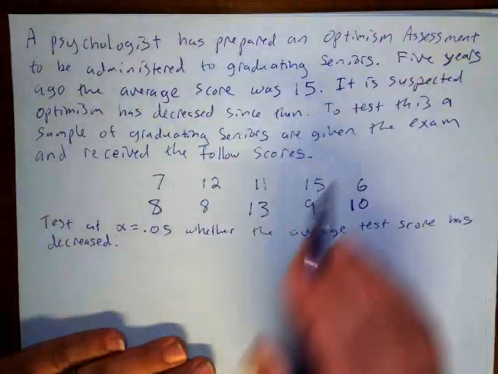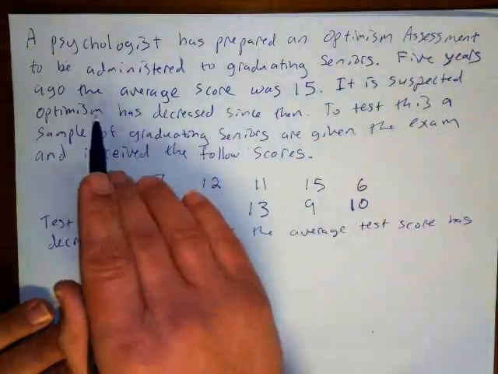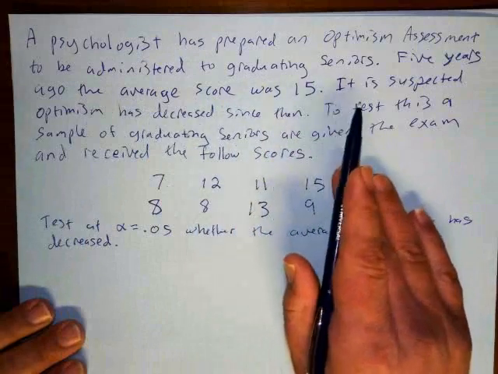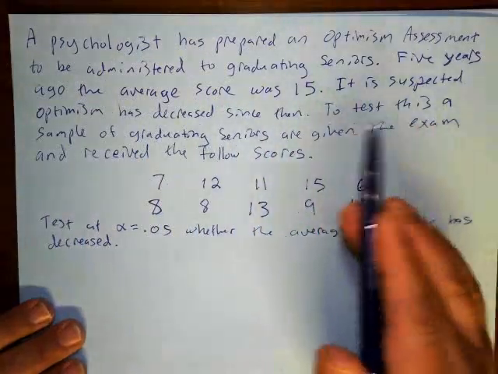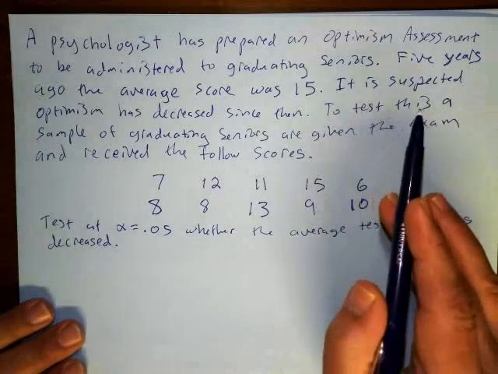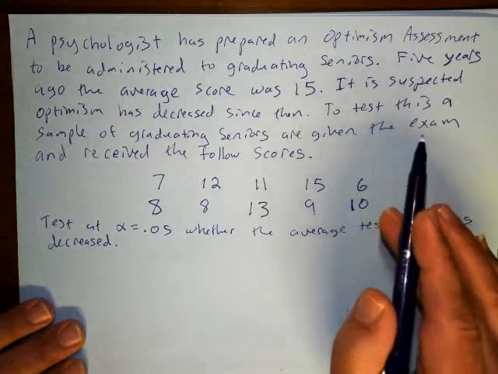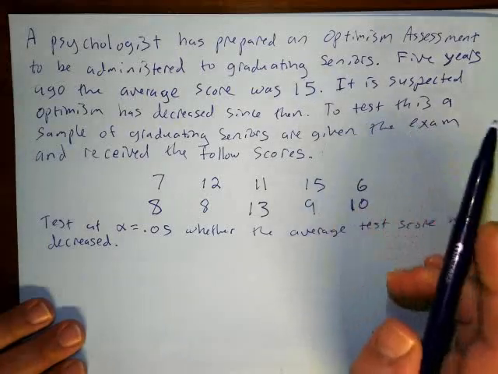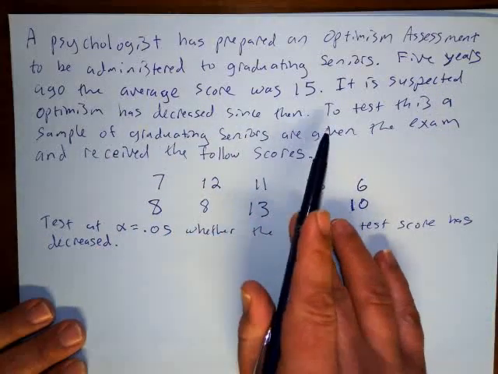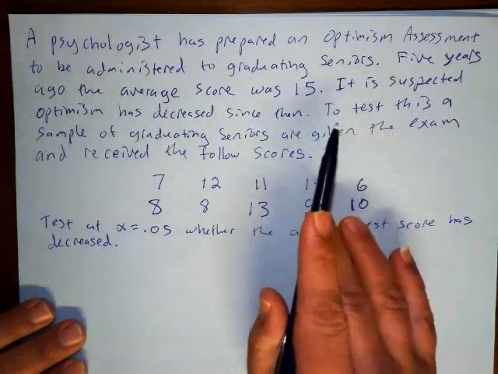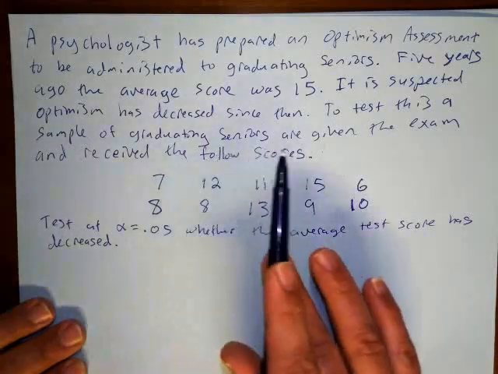In this case, a psychologist has prepared an optimism assessment to be administered to graduating seniors. So this is like some sort of questionnaire or test that's going to try to measure how optimistic the graduating seniors are. Five years ago the average score was 15, and it is suspected that optimism has decreased since then.